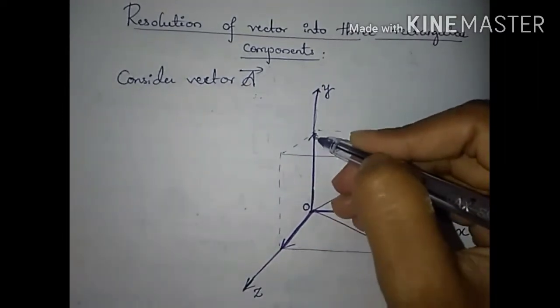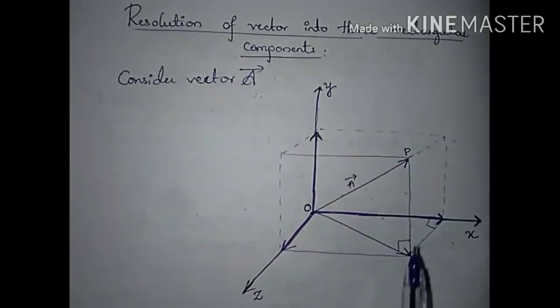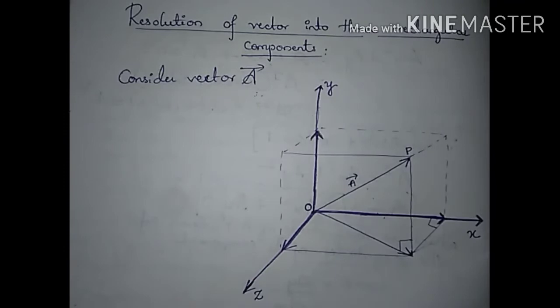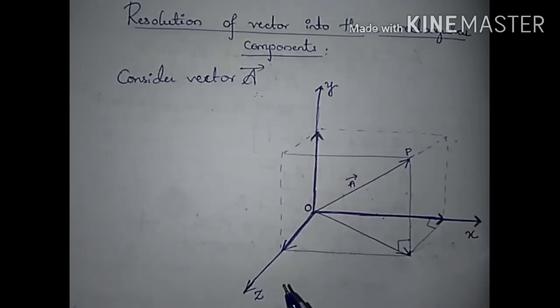So you have 3 components of A: one component along x-axis, one along y-axis, and one along z-axis.